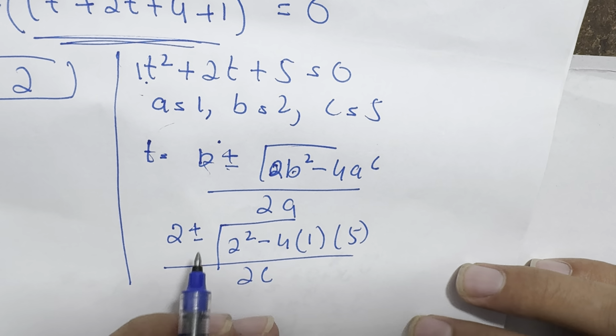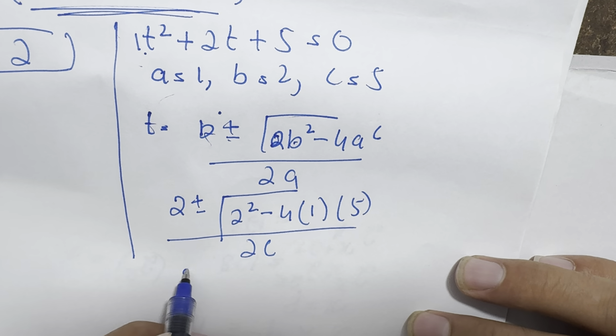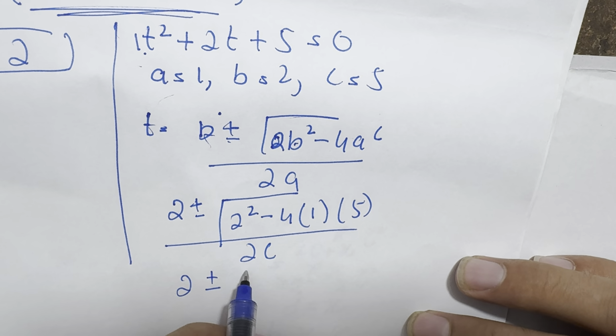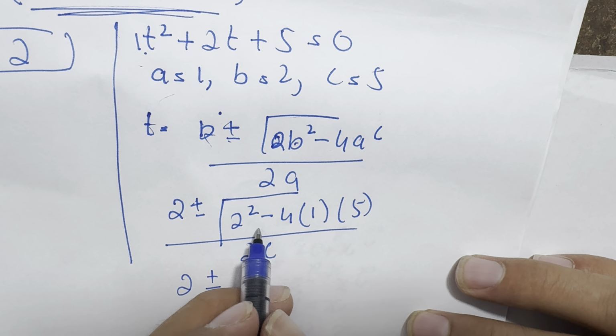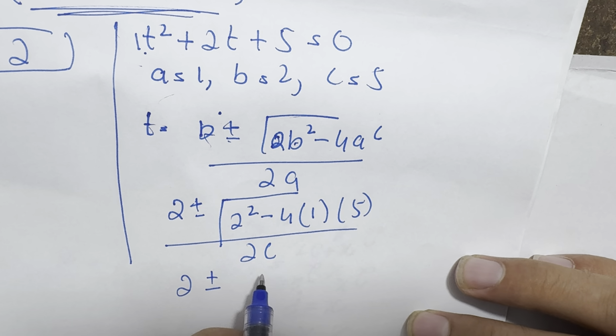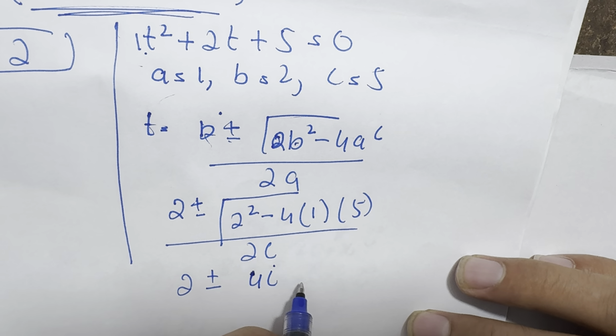Okay, so from there it will become minus 2 plus minus under root 4 minus 20, which is under root minus 16, so plus minus 4 iota.